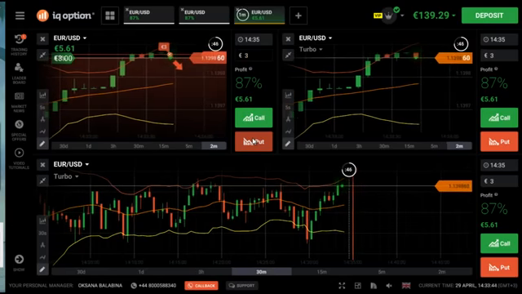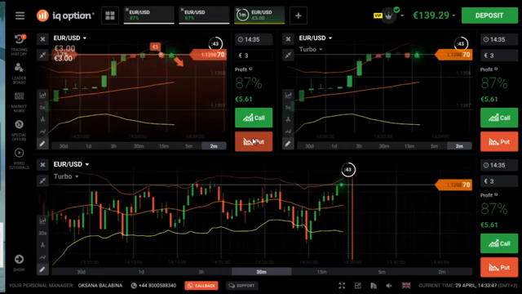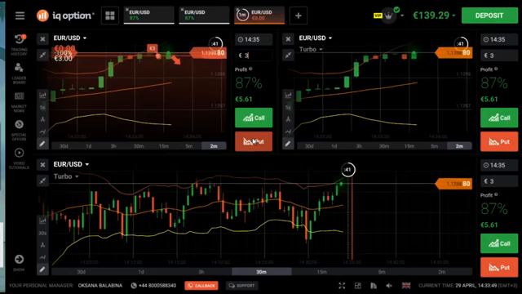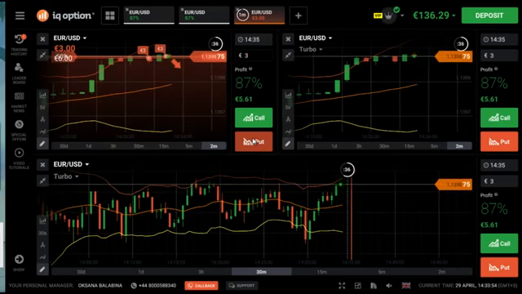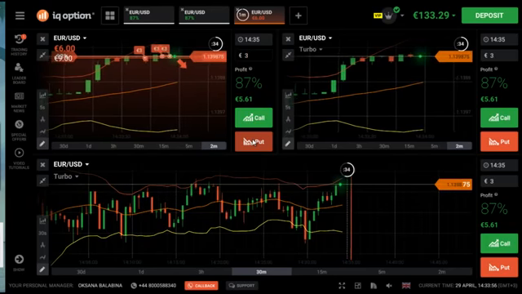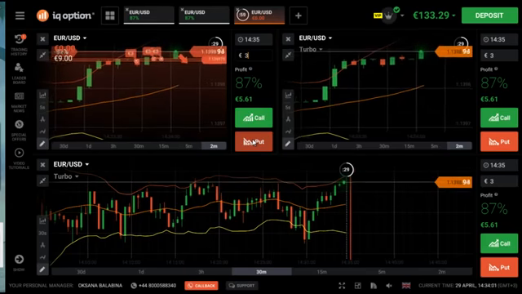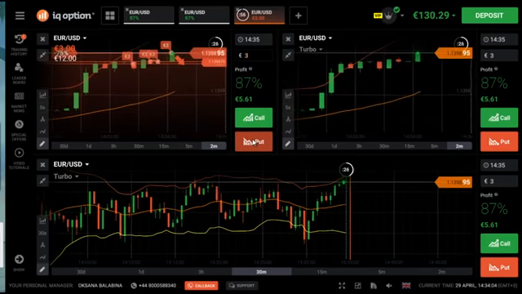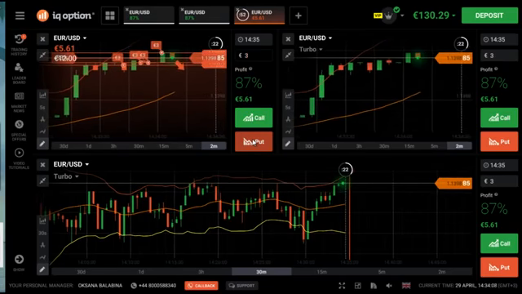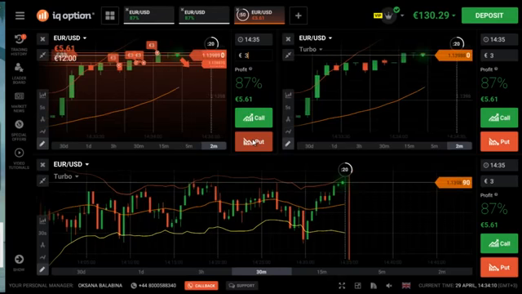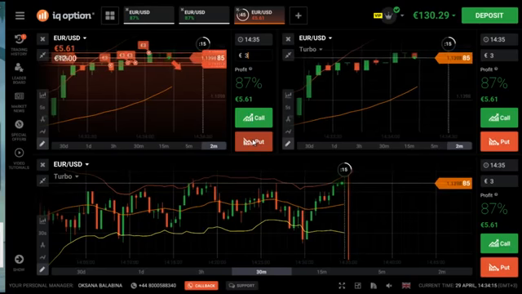Probably it's gonna reverse. That's why I placed the reversal on the first window. Green's growing a little bit, but it's a pretty small candle, so I think it will reverse.